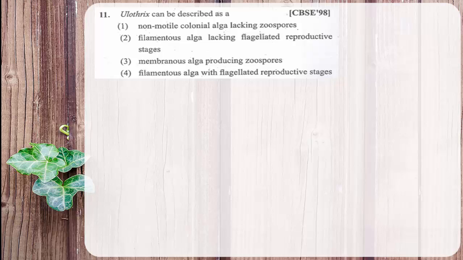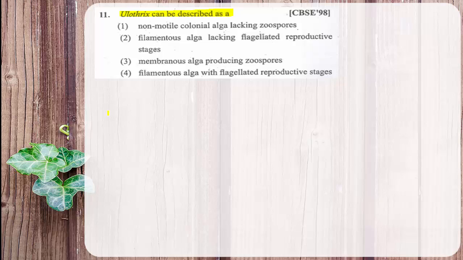Ulothrix can be described as: in the question, features of Ulothrix are given. Some characters are given. Which one is the more suitable character to explain Ulothrix? What is this Ulothrix? Ulothrix is an algal member.